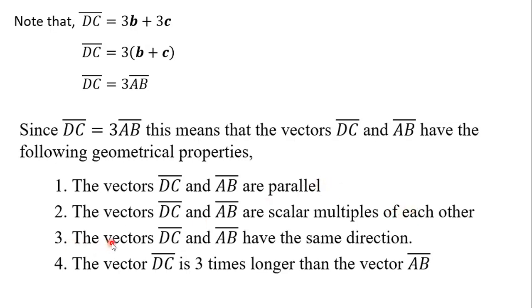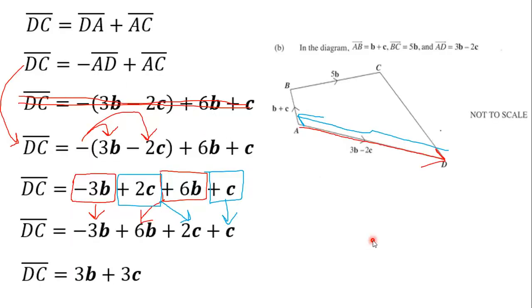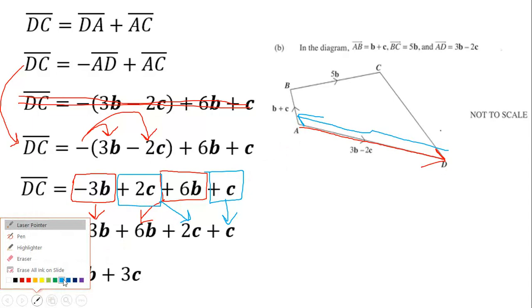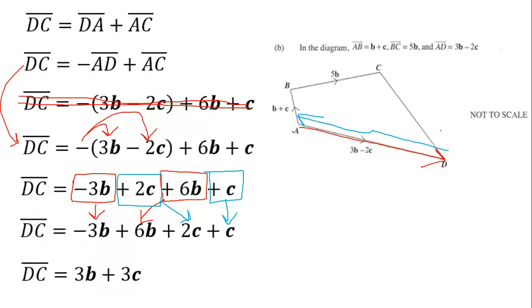Number 3: the vectors DC and AB have the same direction. Let's look at the diagram. This is the vector AB, and let's make a note here using, say, purple. The vector AB is heading upwards, and DC is also heading upwards.